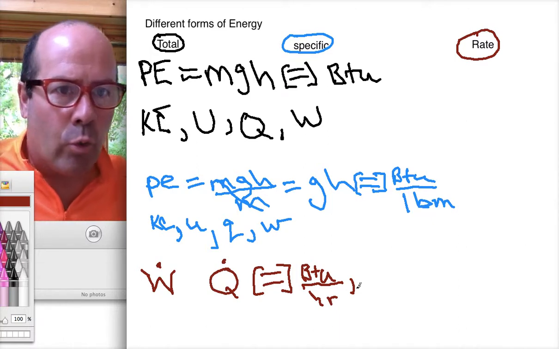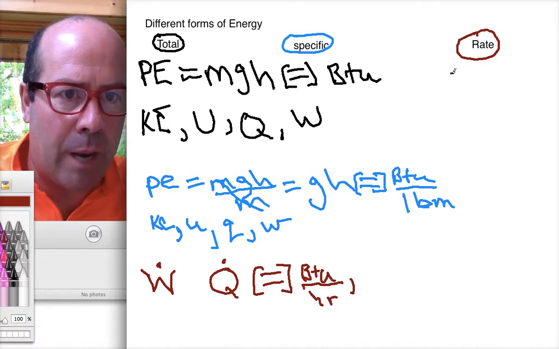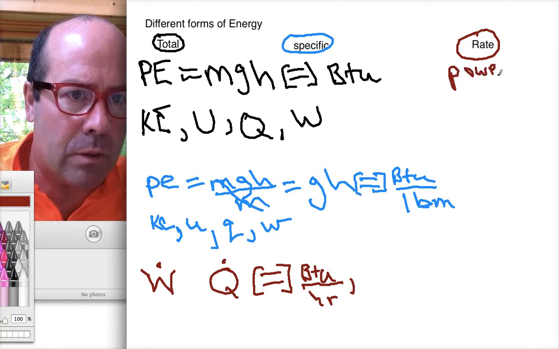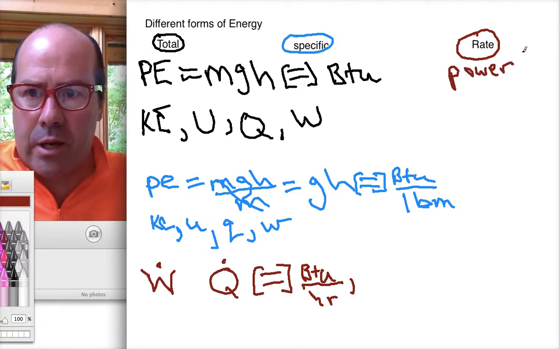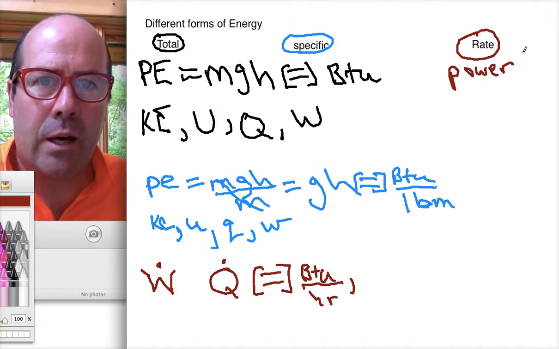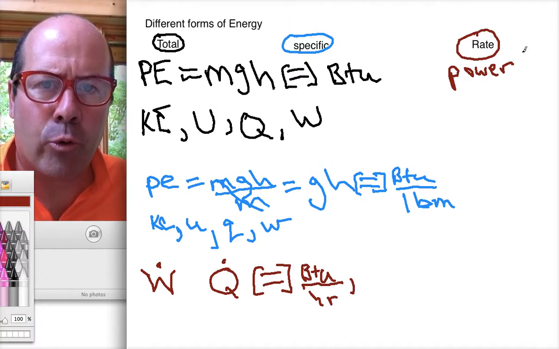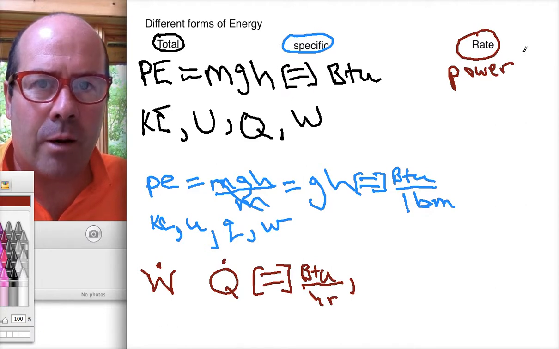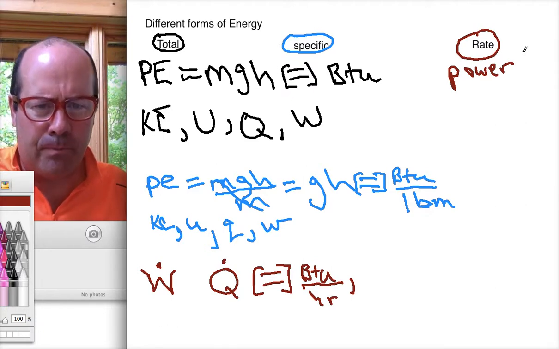First of all, another word for it is power. And with W dot, we would call that mechanical power. With Q dot, we would call that thermal power, also very commonly called the rate of heat transfer.